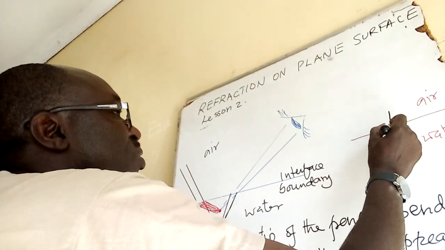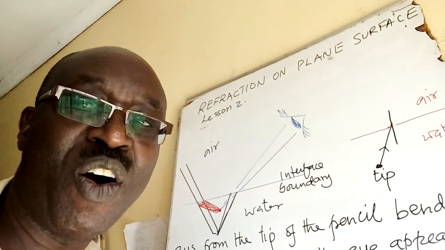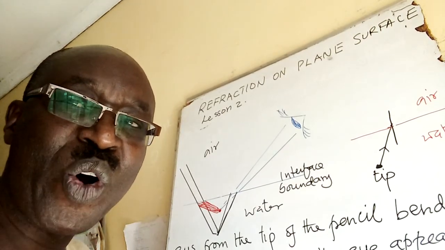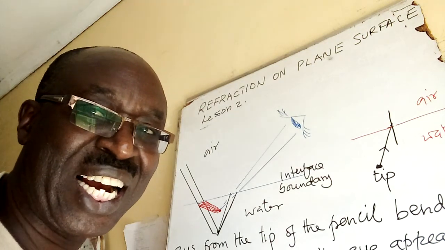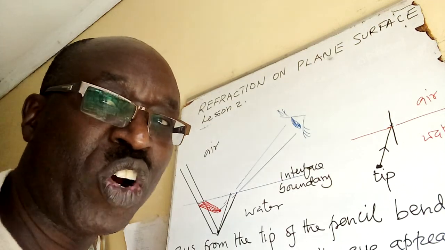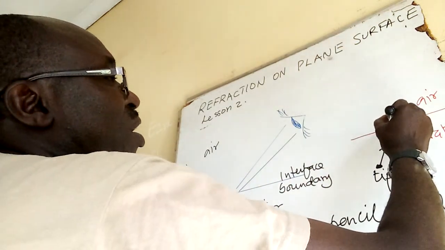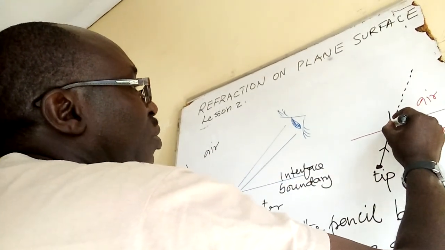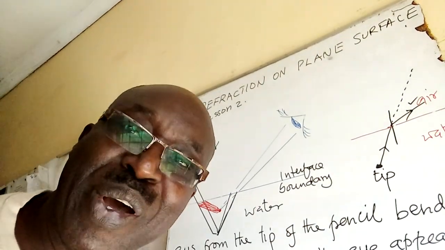So we are introducing something called the normal at the point of incidence. At the point of striking another medium on the boundary, draw a normal. So it cannot continue like that. It will bend.